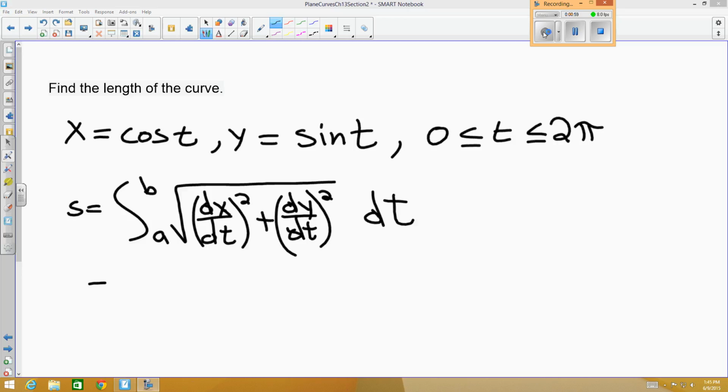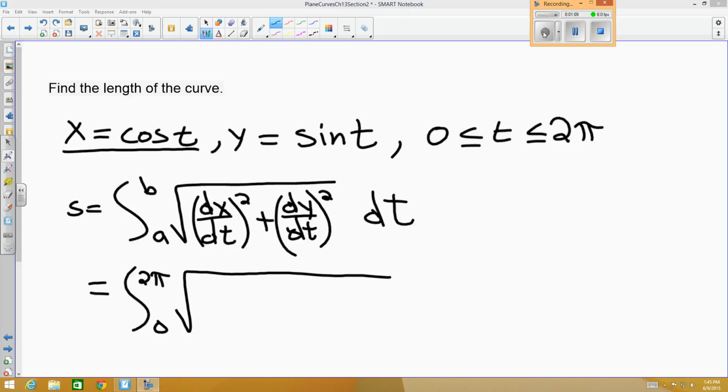So for us, in this problem, we have the integral from 0 to 2 pi, the square root, the derivative of x with respect to t. Well, the derivative of cosine with respect to t, so if we write over here, the derivative of x with respect to t, that's equal to negative sine of t.